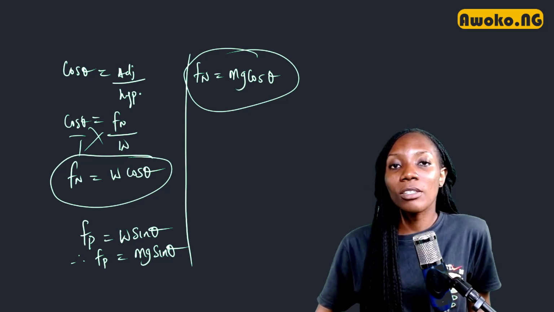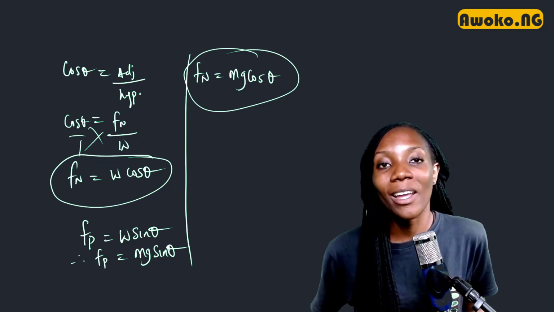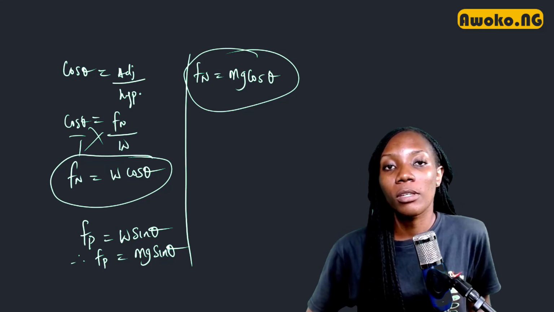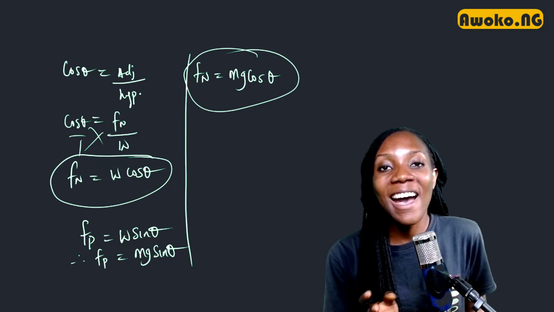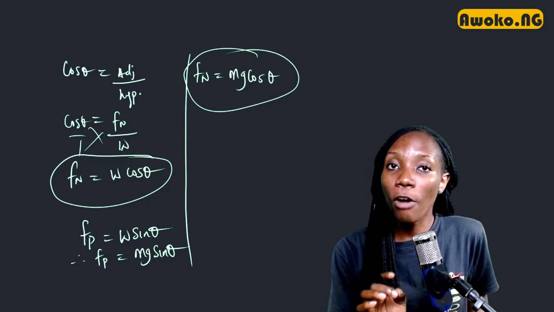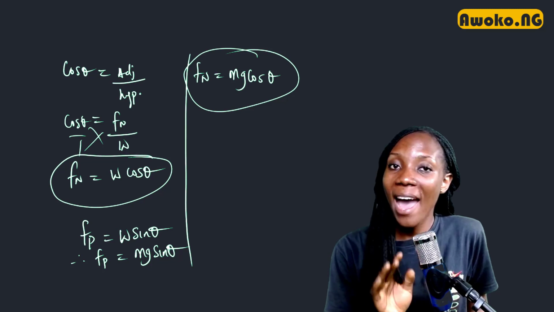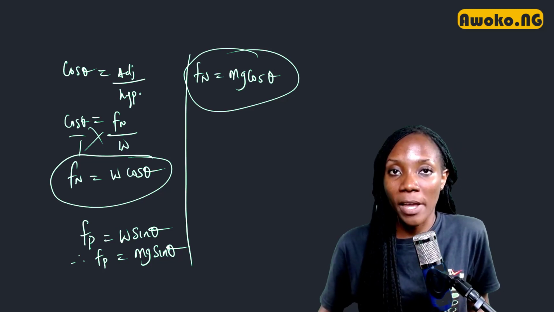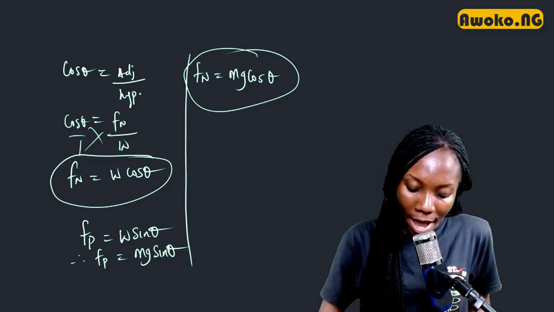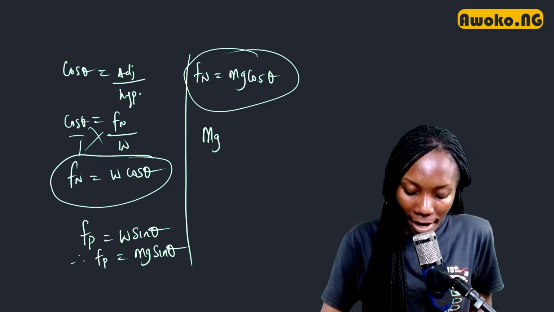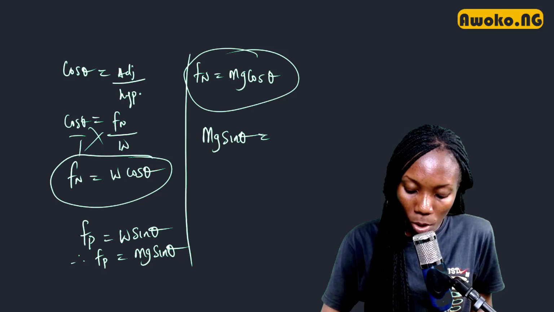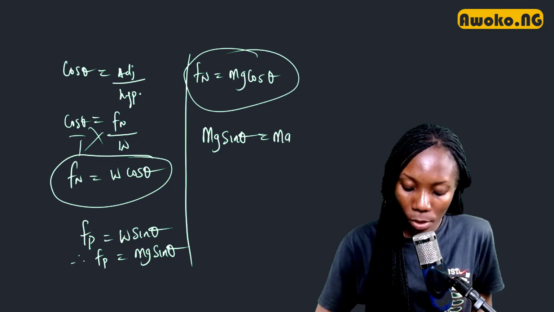Now, in the absence of friction and other forces like the applied force, the acceleration of the object can be determined via an equation involving the parallel component and Newton's second law. It is written as mg sine theta, our parallel component, equals ma from Newton's second law.